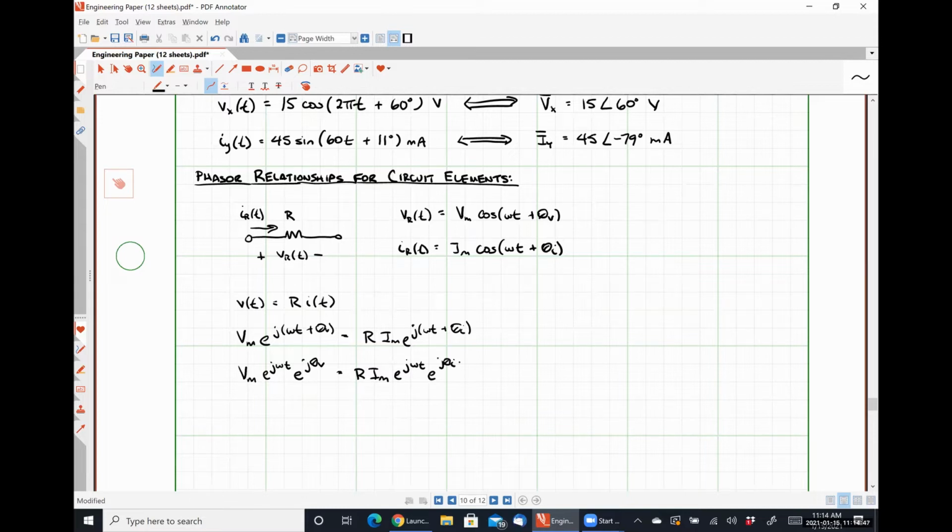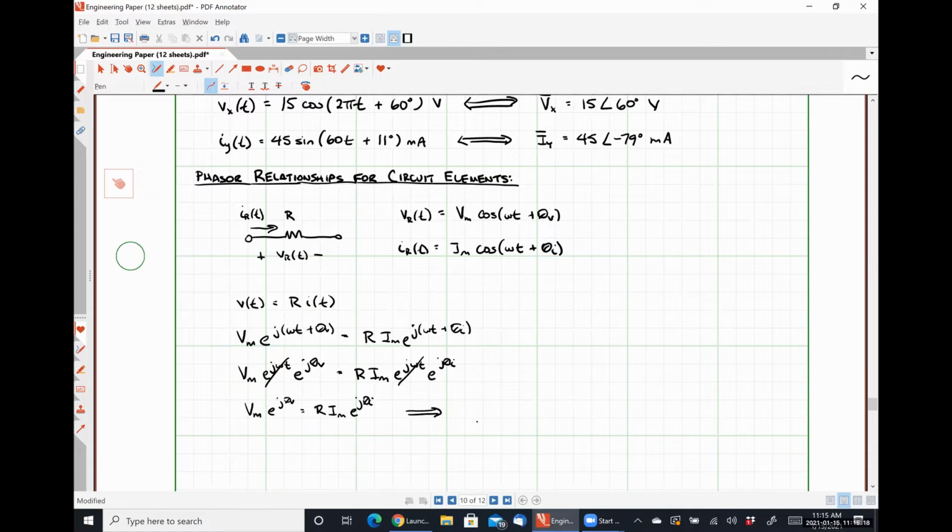I can observe that there is a common factor of e^(jωt) on each side of my equal sign. So this is me suppressing the frequency term. Frequency is common between the two things. And I'm left with a relationship Vm e^(jθv) is equal to R times Im e^(jθI).